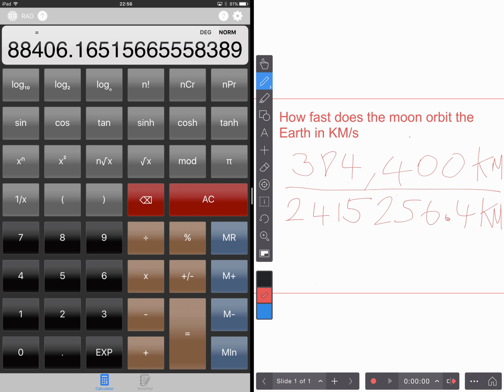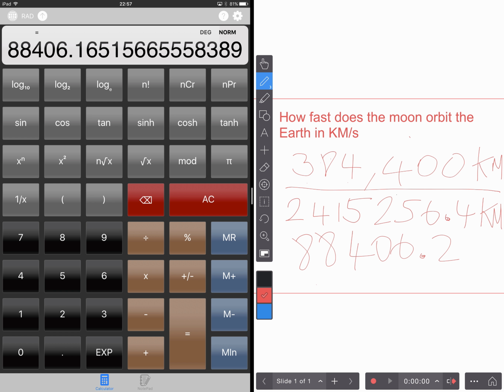So that's how far it travels in one day.